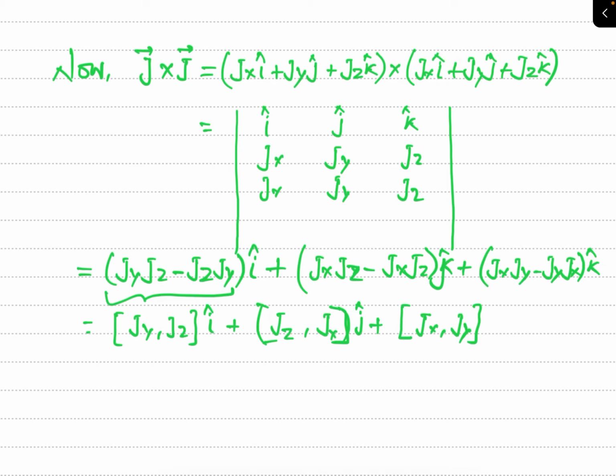So the vector product of these two operators, that is j cross j, is equal to this much.